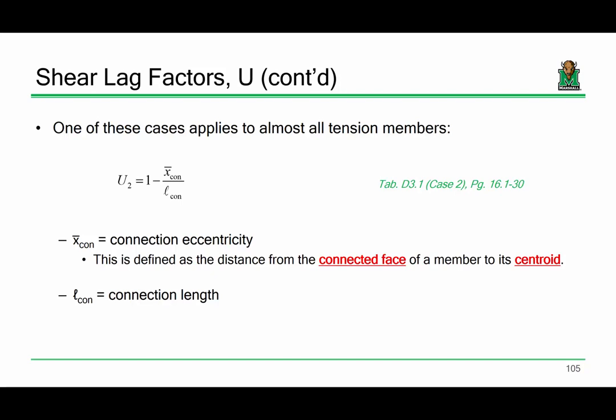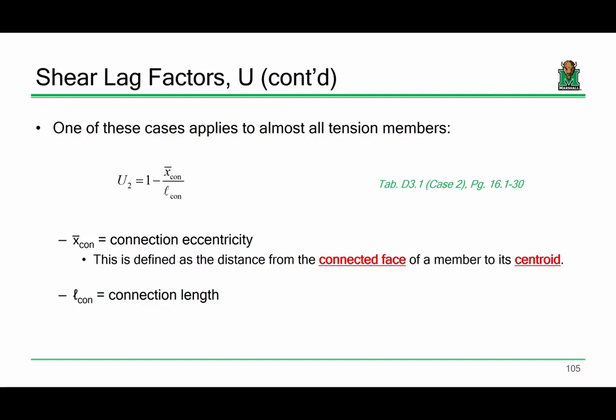Okay? So we have an X bar and an L. X bar is what I like to call the connection eccentricity, whereas the L is the connection length. So I want to make sure that it's clear that these are referring to parameters related to the connection.